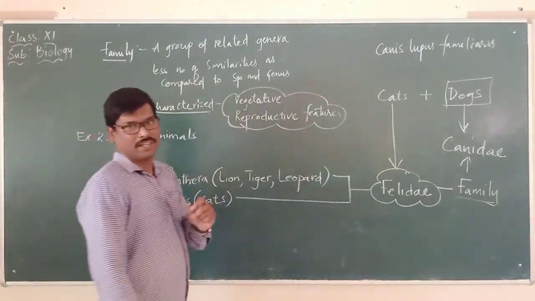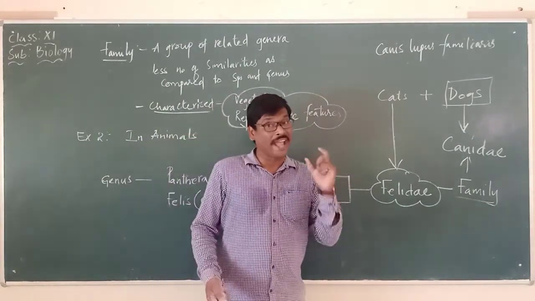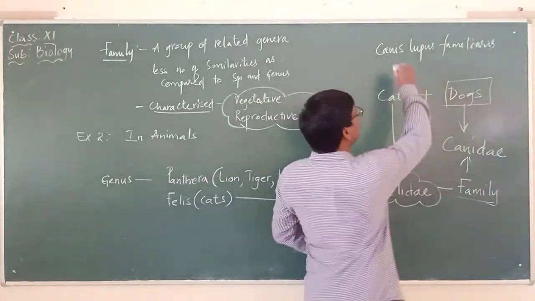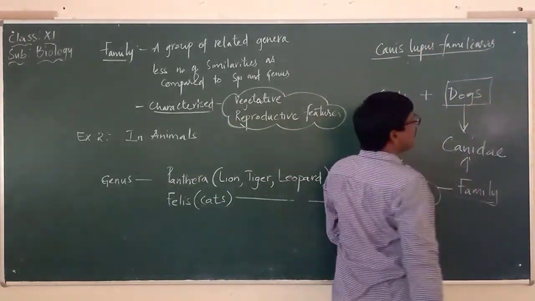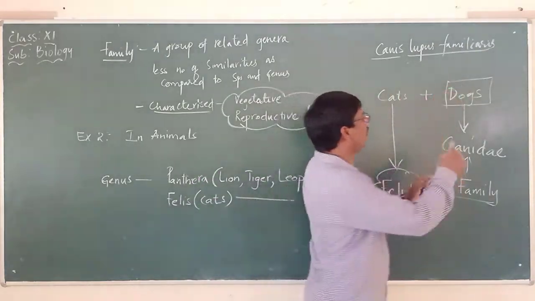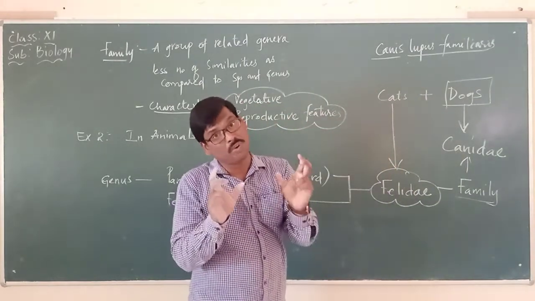So let us remember the last point: even though cats and dogs, whose scientific name is Canis lupus familiaris, share some similarities, they also show more differences.